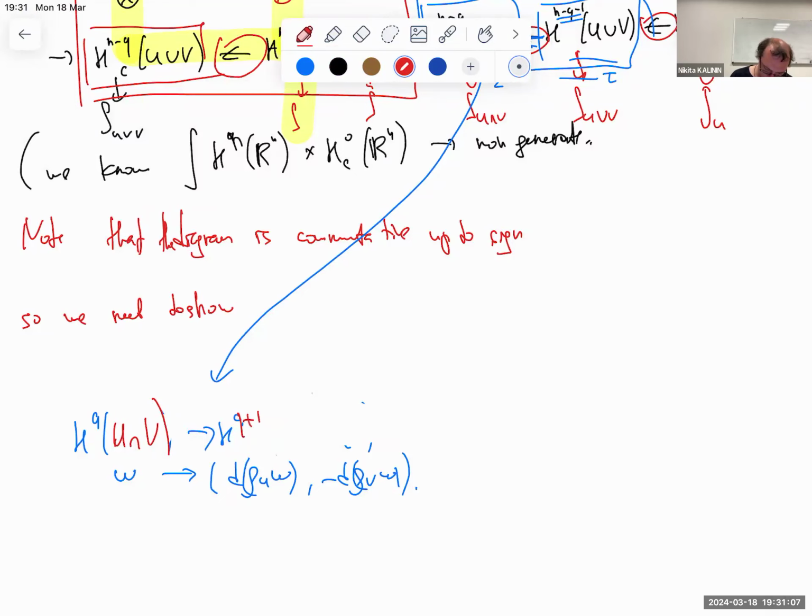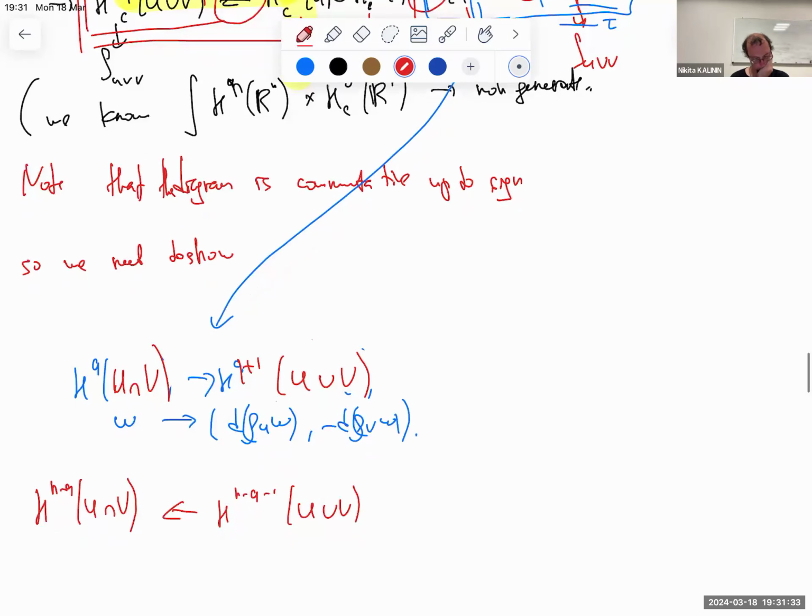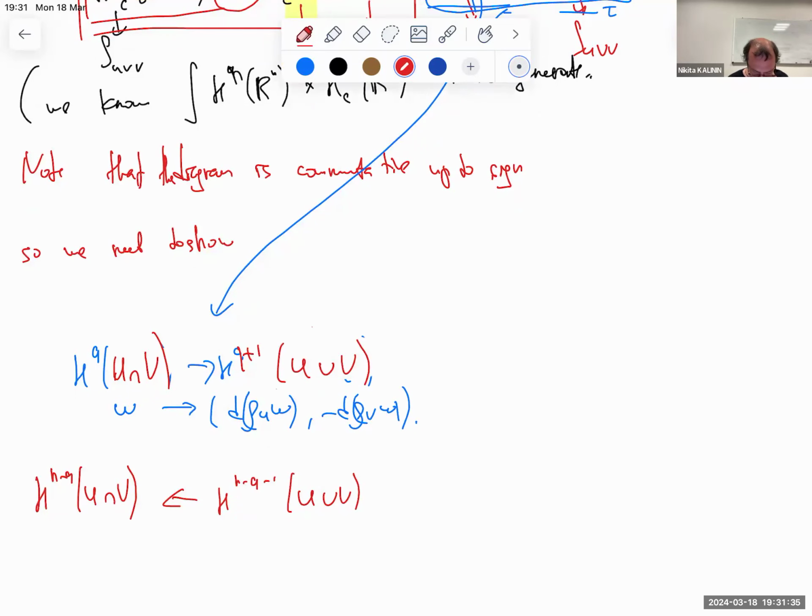U plus 1, U union V. And here we have H n minus q minus 1 of the union. And here we map it to H n minus q of the intersection. Okay, what was the map here? So here we have a form, but here we also multiplied by the partition of unity.